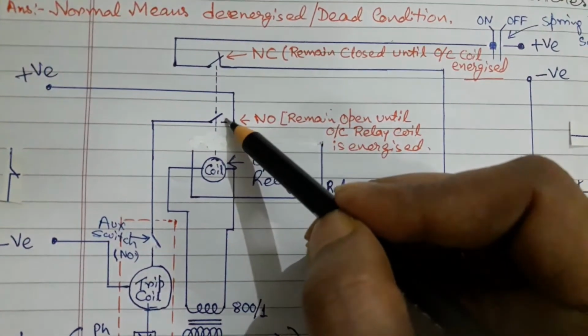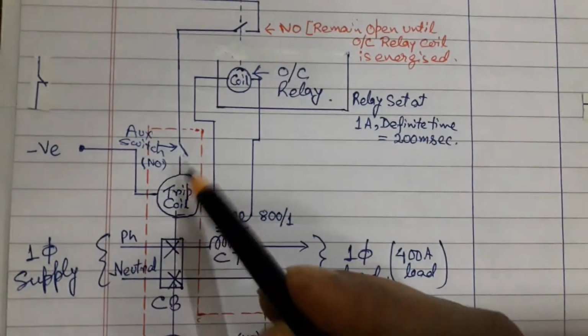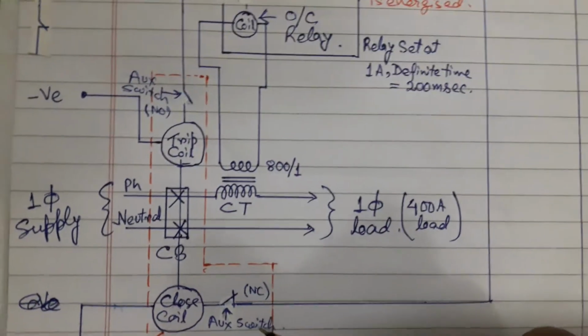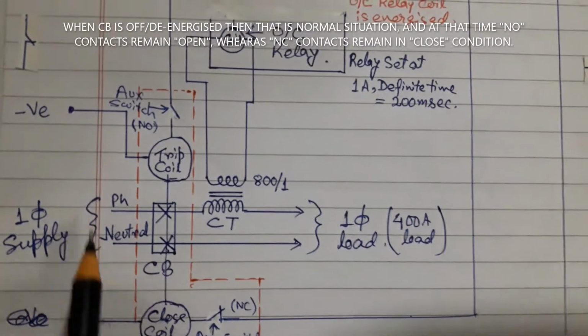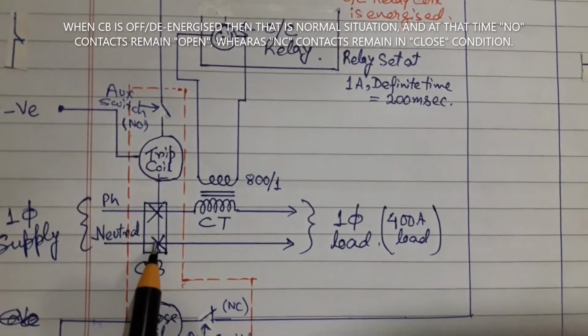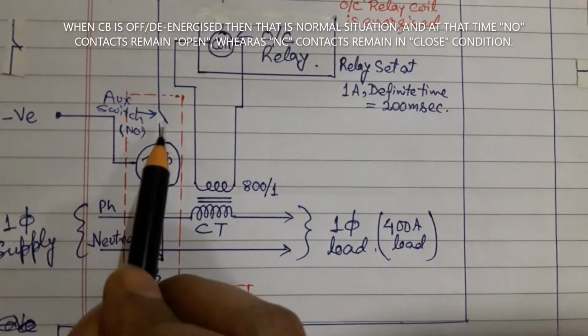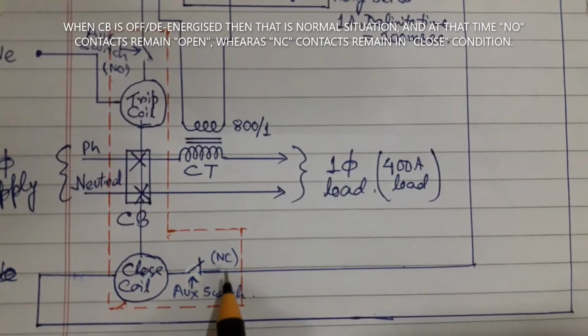These two contacts are related to this coil and these two auxiliary switches are dependent on breaker status. See, this is a NO contact. That means when this breaker is open, then this is in open condition, and this is NC.